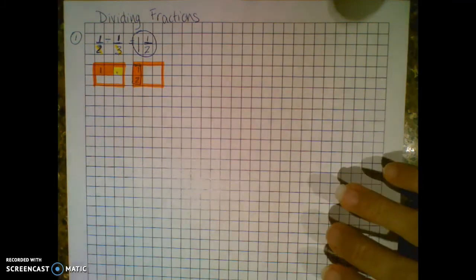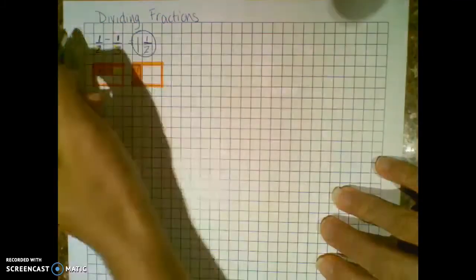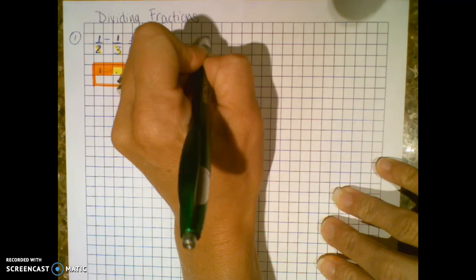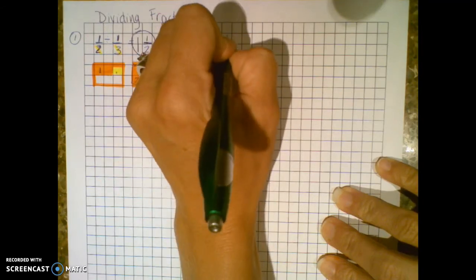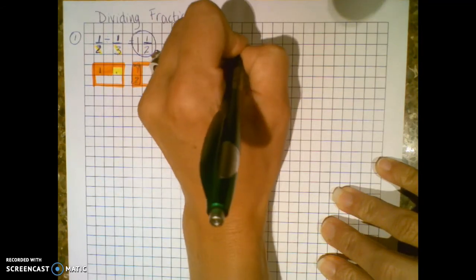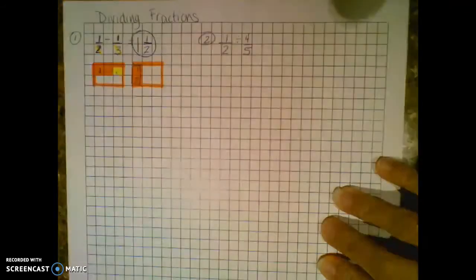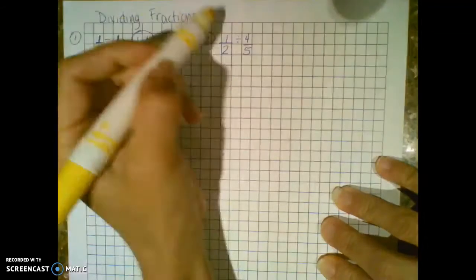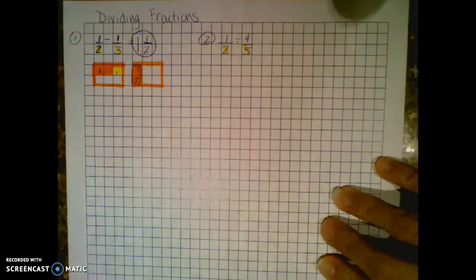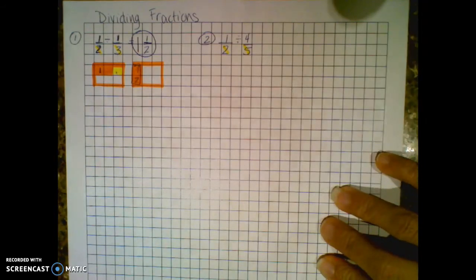Now let's look at number 2. For number 2, we have 1/2 again, but this time we're going to divide it by 4/5. Again, these denominators determine the dimensions of my model.